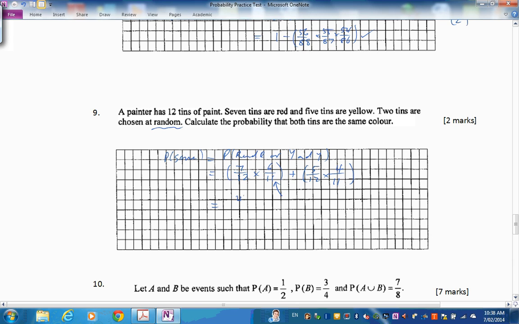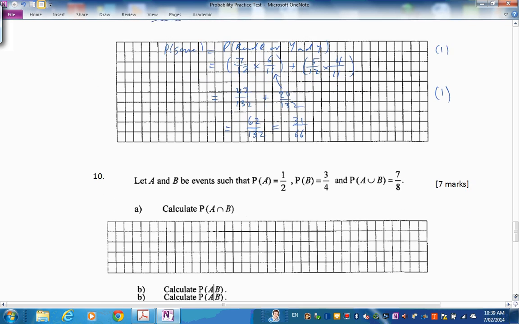So this is 42 on 132 plus 20 on 132, which is 62 on 132, and you could break that down to 31 on 66, but we're not worried about that. So 1 mark there for the breakdown and 1 for the probabilities. Don't worry about simplifying. Let's go down to question 10 now.